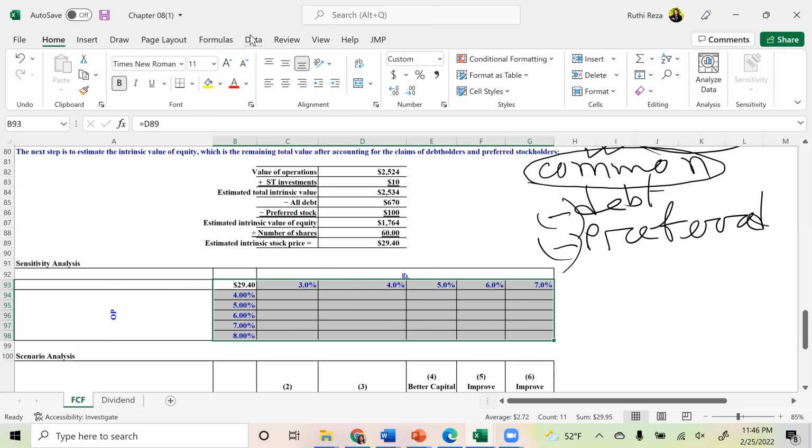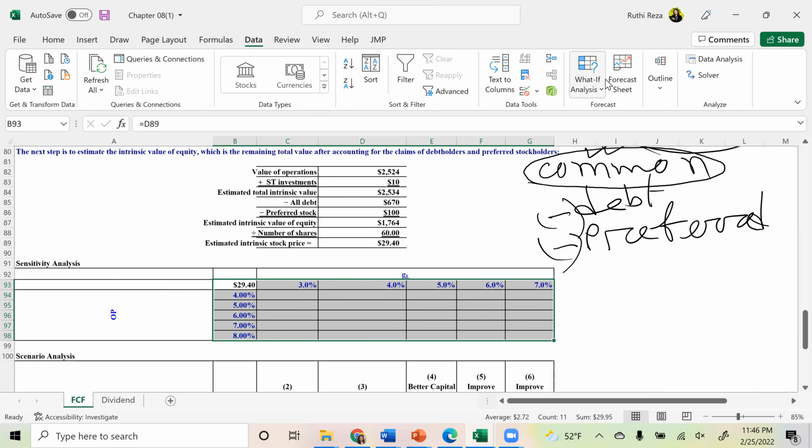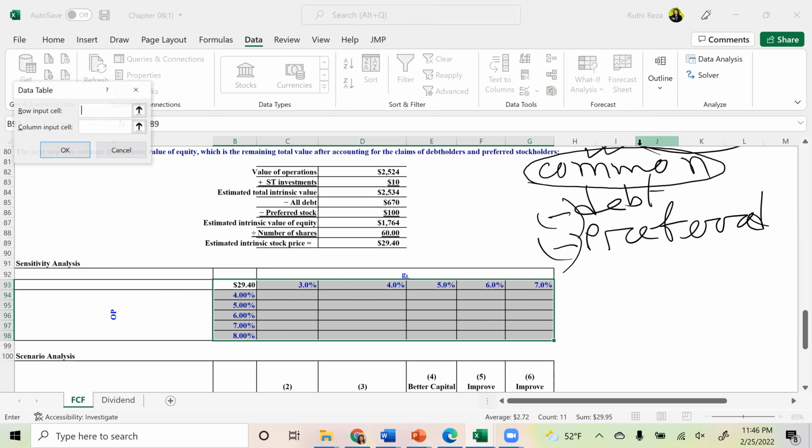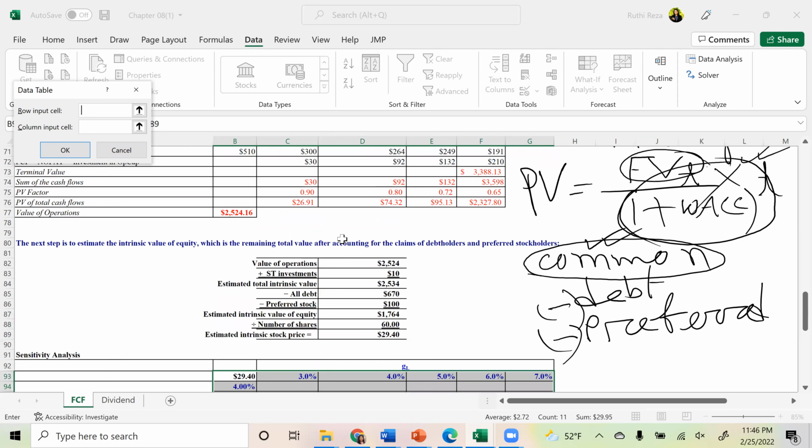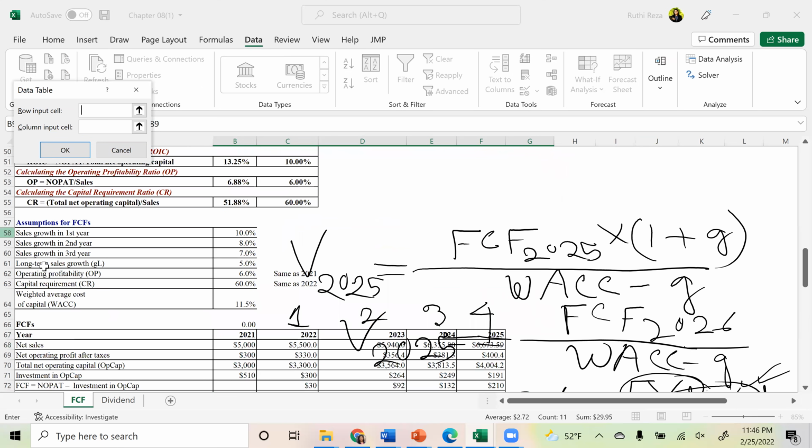Okay, then go to data, then from what if analysis drop-down menu, click on the data table and then row input. So here you can see in the row, you put long-term growth rate. From the assumption section, select long-term growth rate.